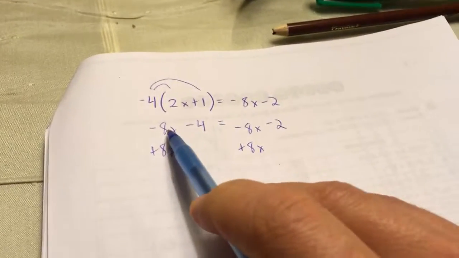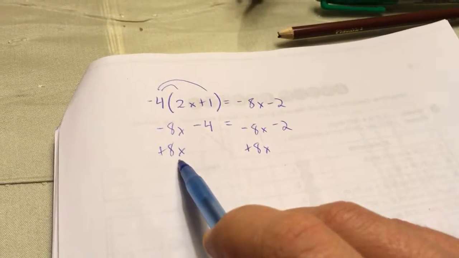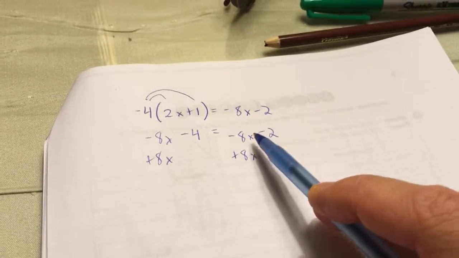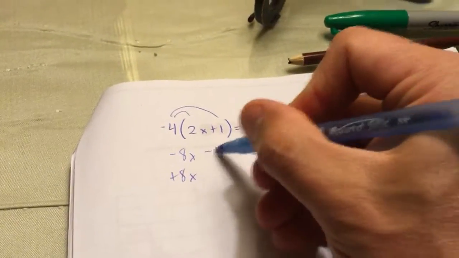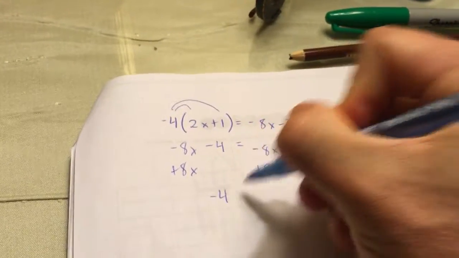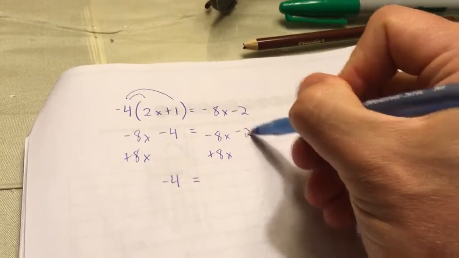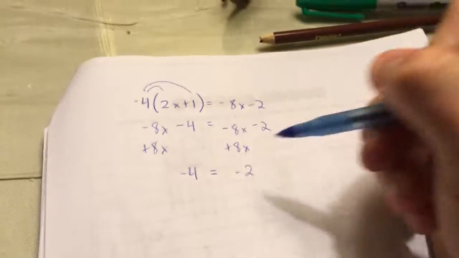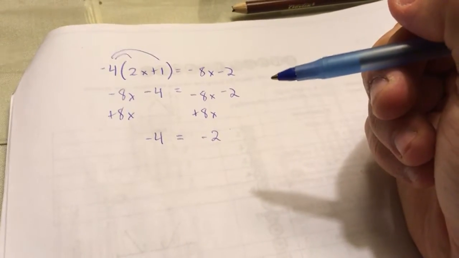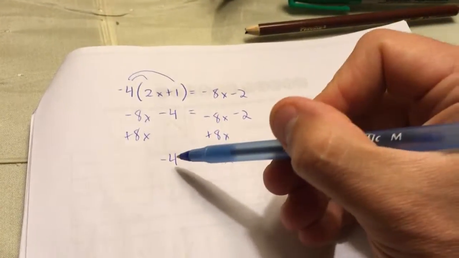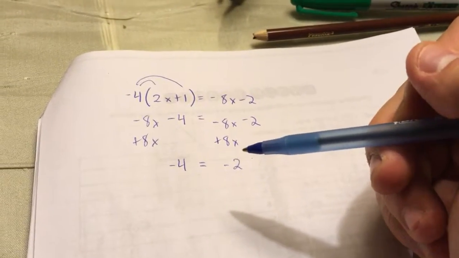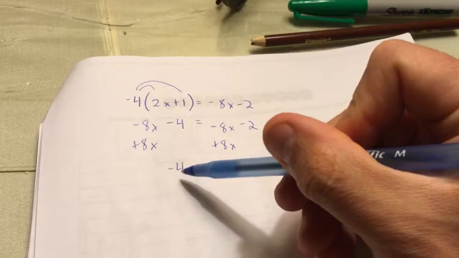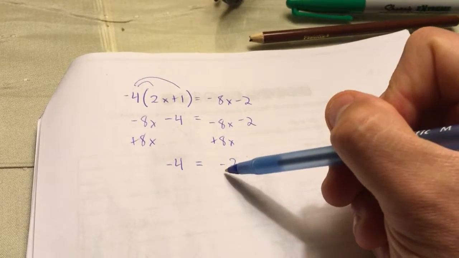And notice what happens. What's -8x plus 8x? That cancels out. And look at this. It cancels out over here as well. So, we're left with just the -4 on the left. And is that equal to -2? So this is not our normal outcome. We normally get something where we have x equals something that we then have to finish and solve. So, is this a true statement that -4 equals -2?